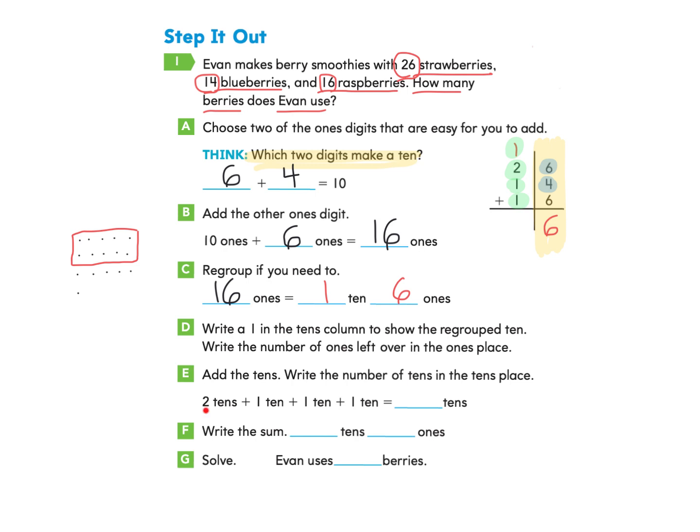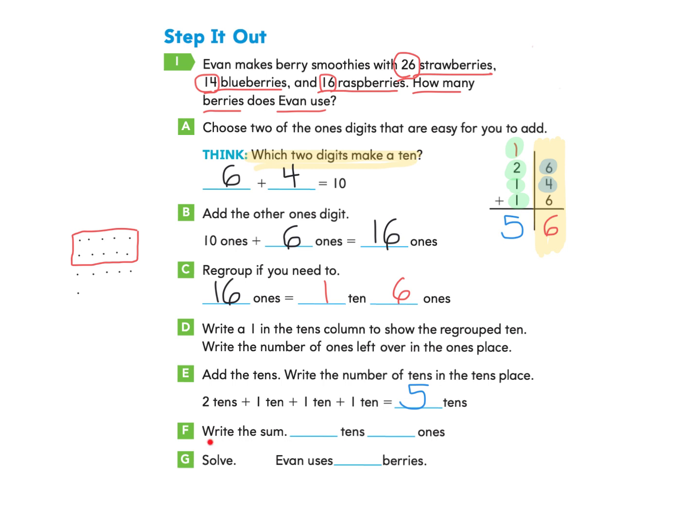So we're adding 2 plus 1 plus 1 plus 1. If you would like to pause and write in your answer, you can do that. And when you come back, you will find that 2 plus 1 plus 1 plus 1 makes 5. So we need to write a 5 in the tens column.